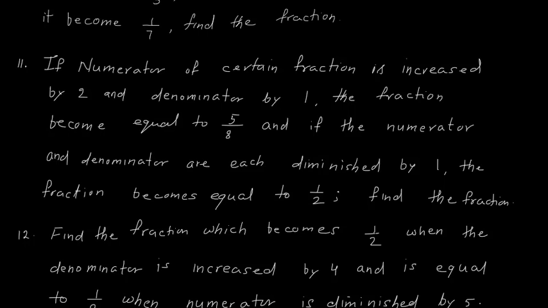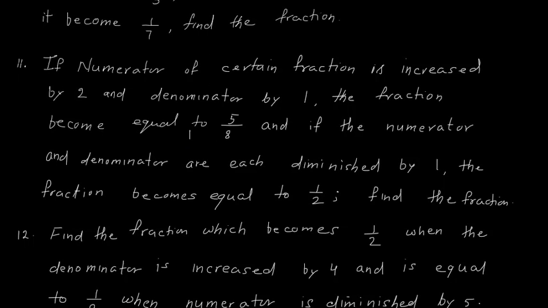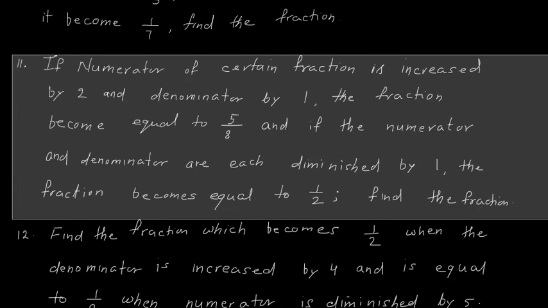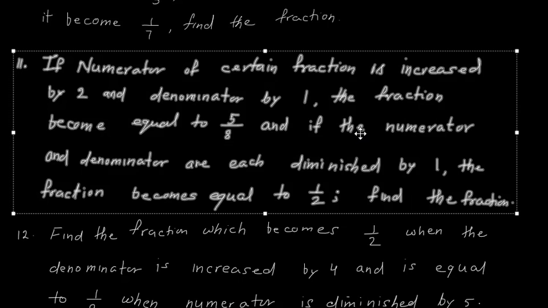The fraction becomes equal to 5 upon 8, and if the numerator and denominator are each diminished by 1, the fraction becomes equal to 1 by 2. Find the fraction. Okay, so try this problem yourself, then you can refer to the solution. First give a try. I think you will solve this problem easily.